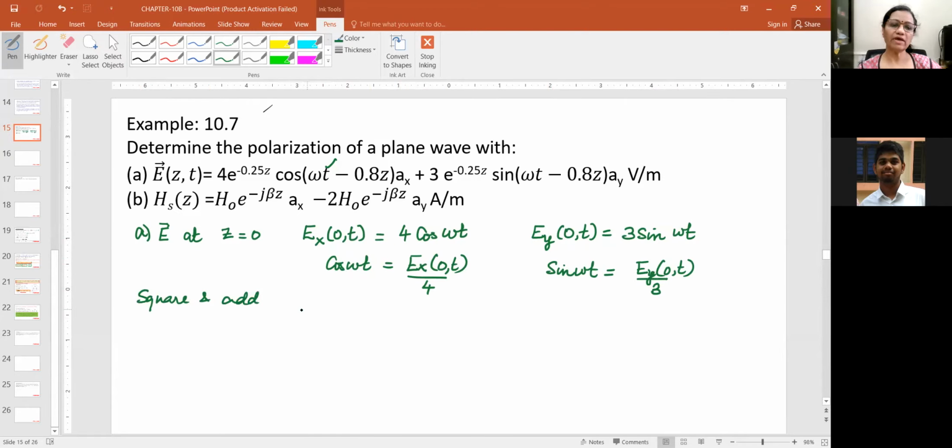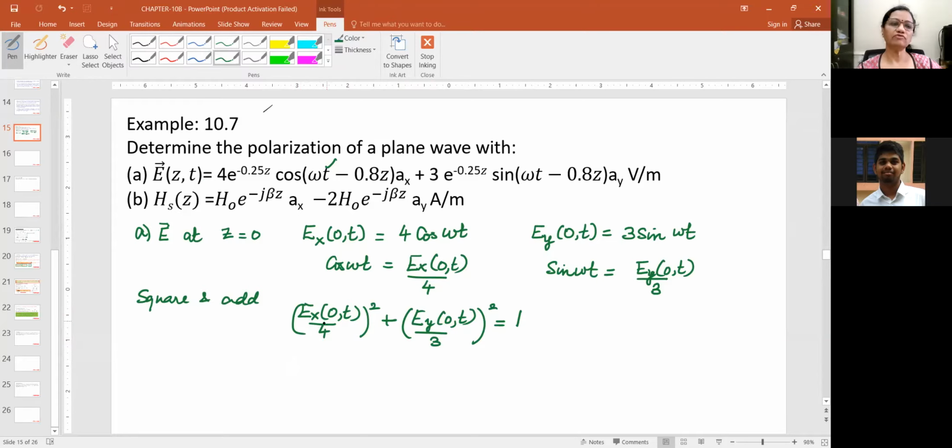When you square and add, you get (Ex(0,t)/4) whole square plus (Ey(0,t)/3) whole square equal to 1.